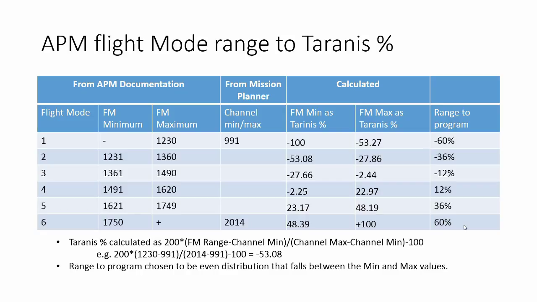Of course, if I was using 1,000 and 2,000, it'd be a lot easier. If I go to my 1,230 and I'm subtracting my 1,000 minimum, I get 230.